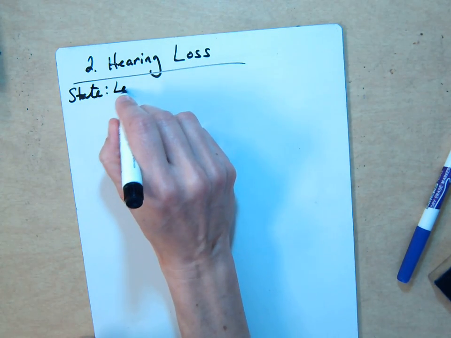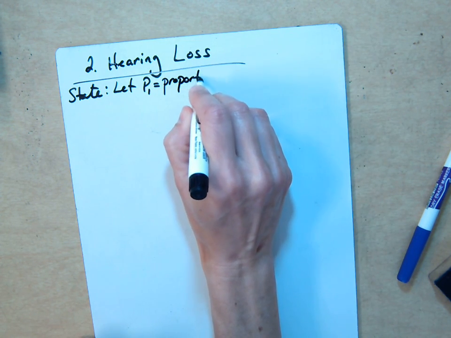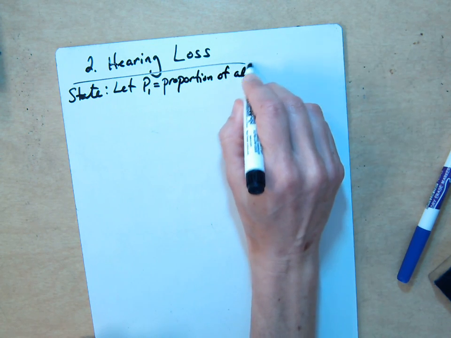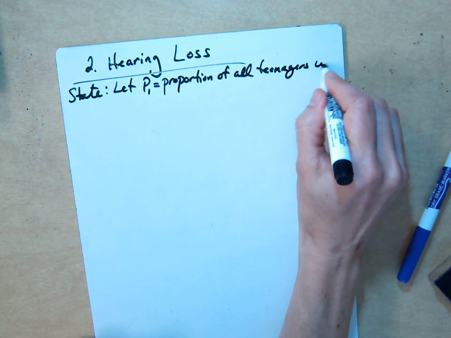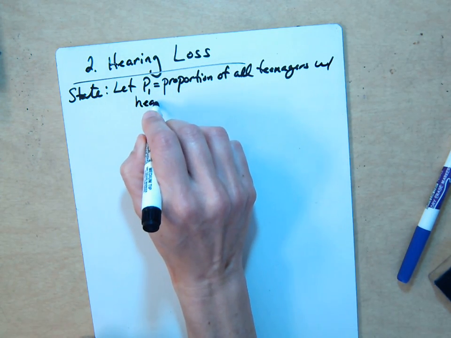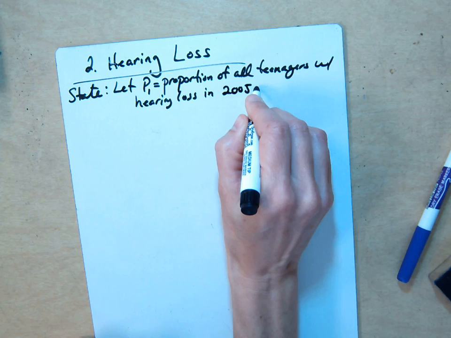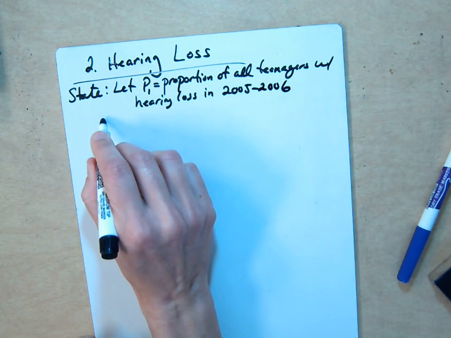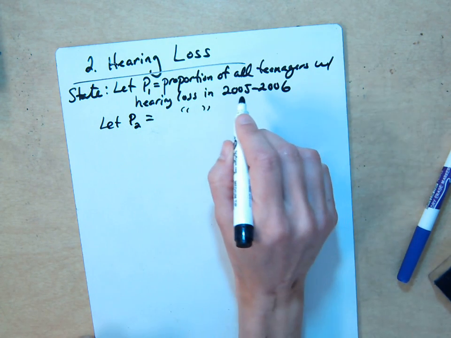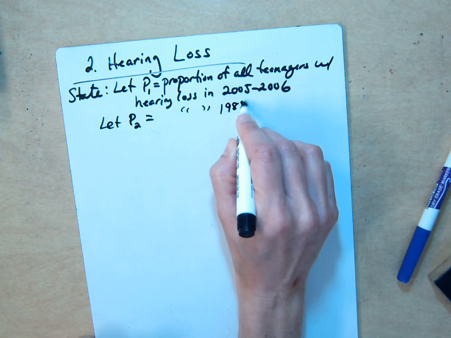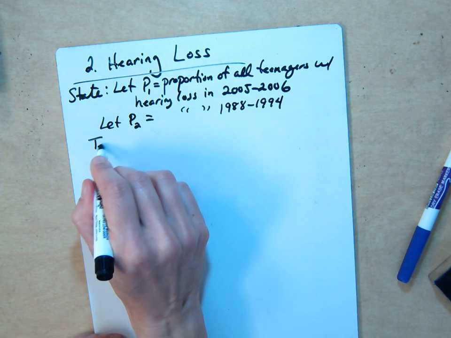Okay, so let P sub 1 equal proportion of all teenagers with hearing loss in 2005 to 2006, and then let P sub 2 equal, same thing, I'm going to use quotes, in 1988 to 1994.